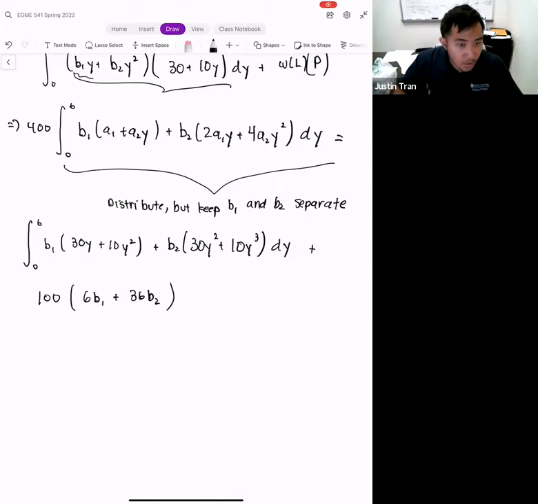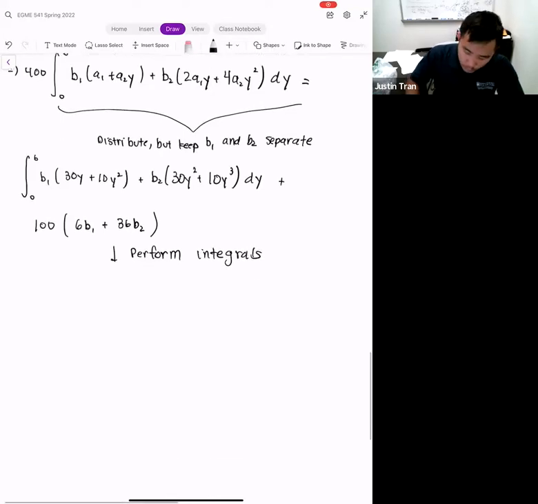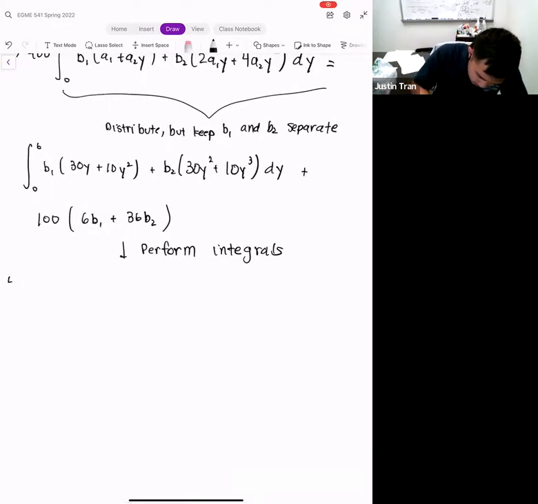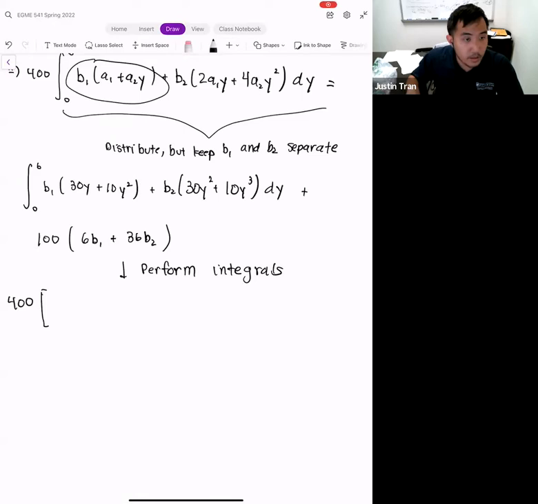Now we're going to go ahead and perform the integrals. When we perform the integrals, what we get is 400 times, and we're going to integrate this first integral up here, so we end up with B1 times, since the lower integration limit is 0, I'm just going to ignore it because everything's multiplied by y anyway.